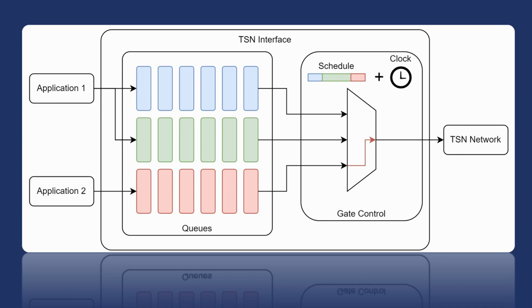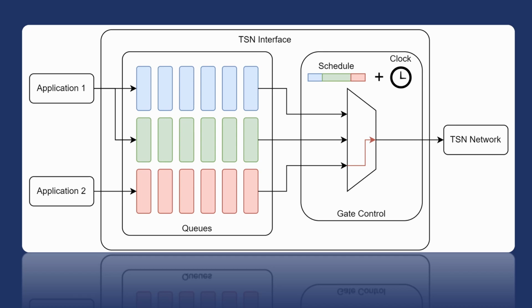And finally, the gate control algorithm builds upon the notion of a schedule in combination with a synchronized time. Thus, the main features that are required to implement the time-sensitive networking interface are clock synchronization, a traffic shaping algorithm implemented in the gate control list, and a means of configuration.